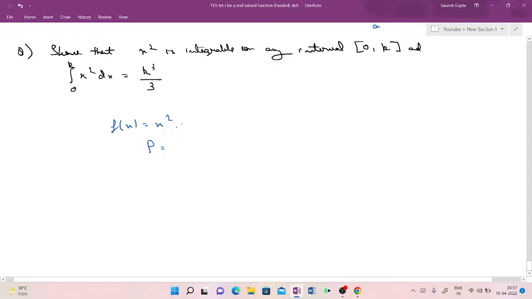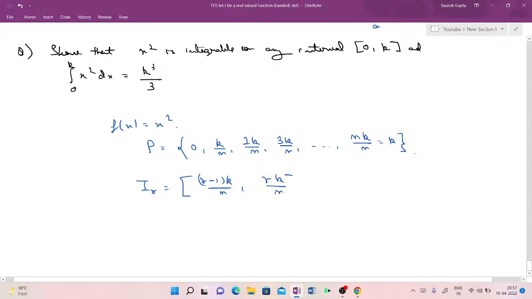Since this is a polynomial function, we can take the partition starting from 0 and go by an AP: k upon n, 2k upon n, 3k upon n, till you reach nk upon n, which is equal to k. These are the points of the partition. So your Ir is basically [(r minus 1)k upon n, rk upon n].